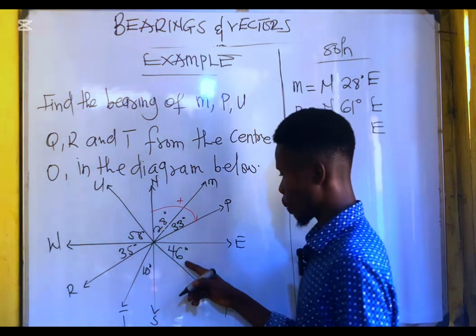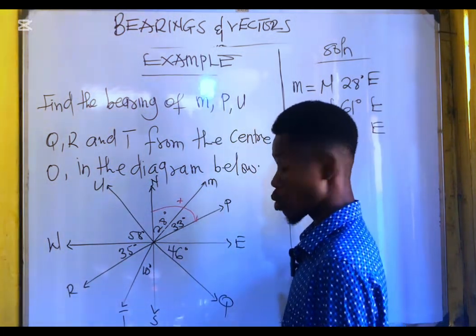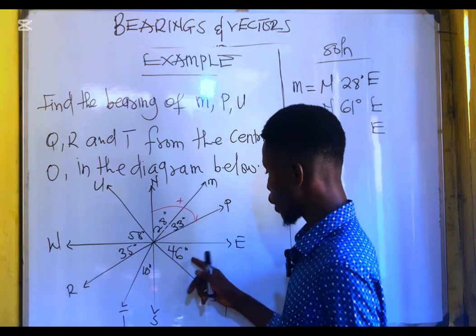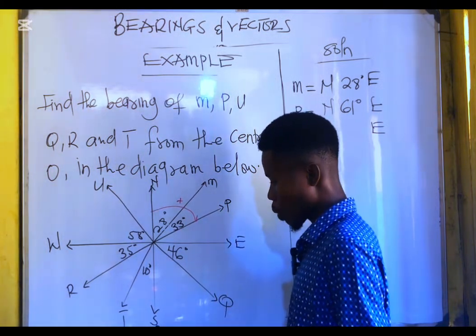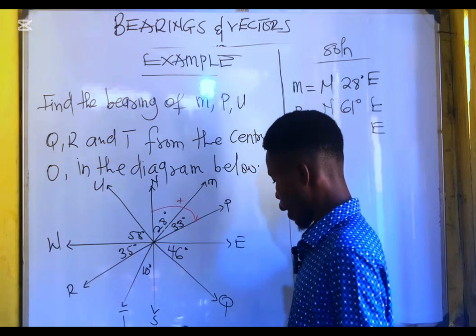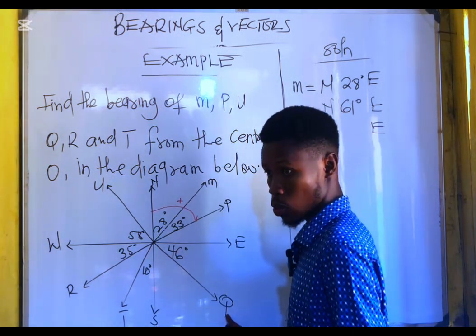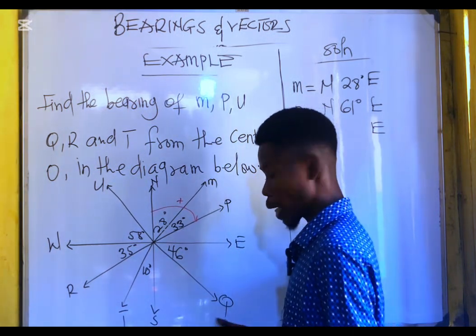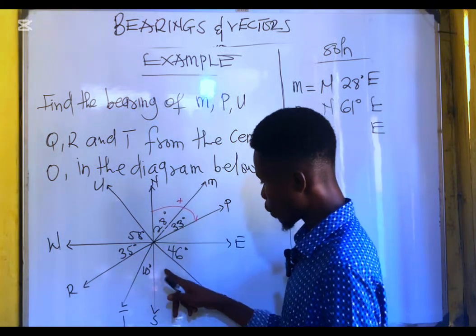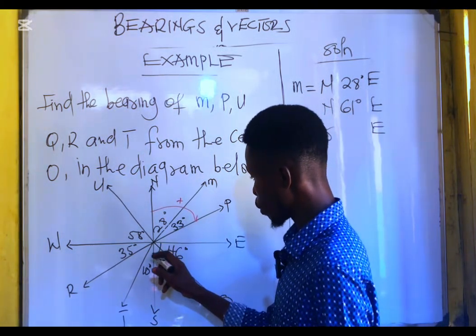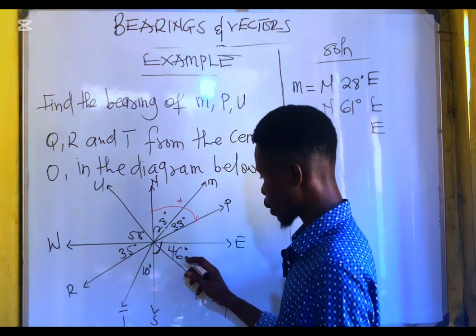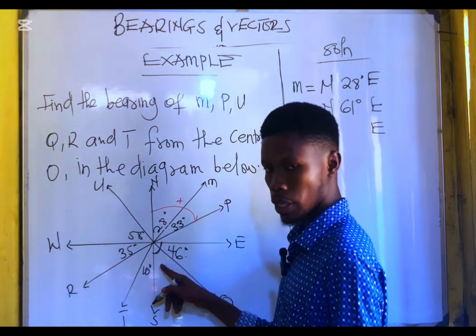Now how do you get the number there? That's what I was saying. Because we are taking the south and east, we cannot take the number between the E and the Q. We should take the number between the S and the Q. How can we get the number here? The whole of this place is 90 degrees. So if here is 46, what will be this place?